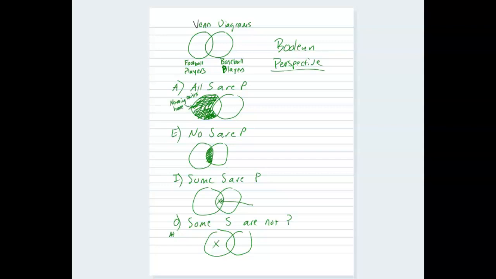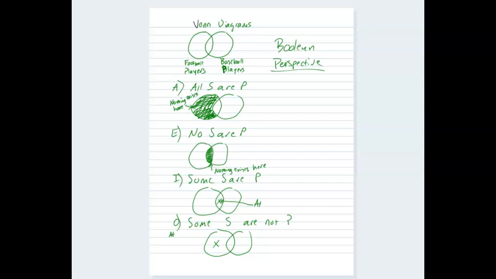Every time you diagram one of the four, it's going to look like one of these. Now what these marks mean: we've either got shading or we've got X's. As you can see there, I've said nothing exists here. So in the A proposition, I'm drawing the arrow to the shaded part, and what that shaded part means is there is nothing there. Nothing exists in that area where it's shaded.